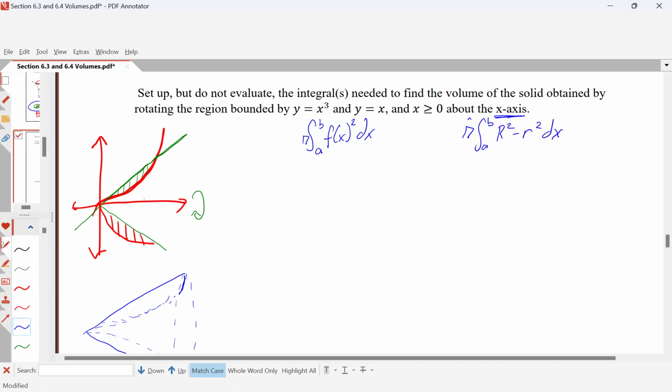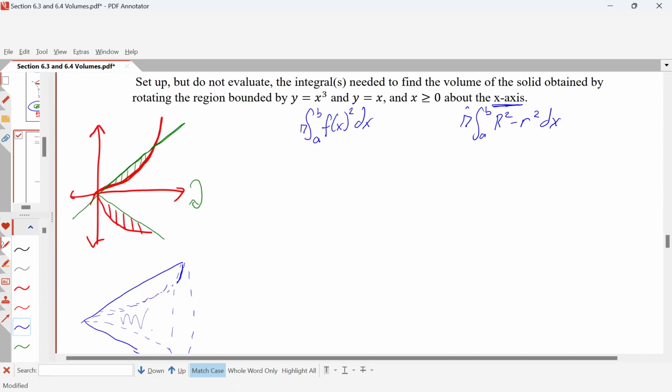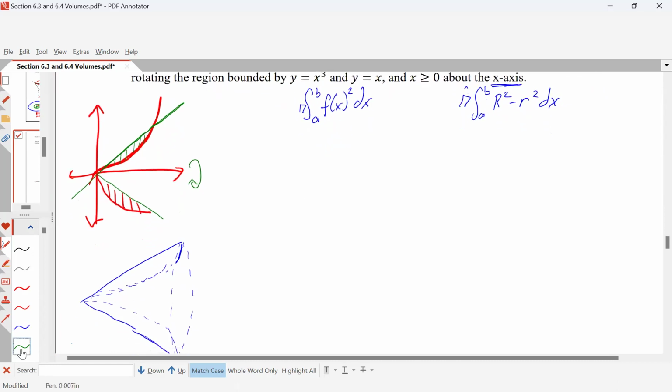And because we're getting this hole in the middle of our solid, we are going to be using that washer method, where since we're going around the x-axis, that is what is right at the center of our washer. This is y equals 0.